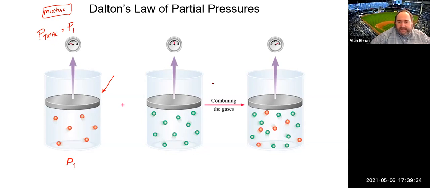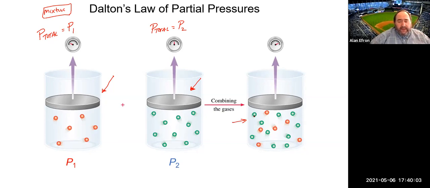If we were looking at this container over here with the green gas molecules flying around, the total pressure in that container would be a result of all the pressure of those green guys. Now, if we put both of these gases in the same container, we have a mixture of gases.